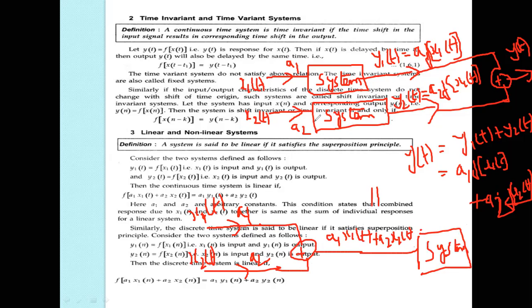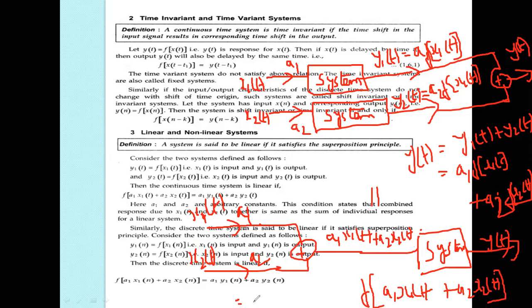Individually you can give the signals to the system also, and you get the same response. After getting the two responses you can add them. But here, before giving to the system, add the two signals a1 x1 of t and a2 x2 of t, to get the response y of t equal to a function of a1 x1 of t plus a2 x2 of t, my dear students.